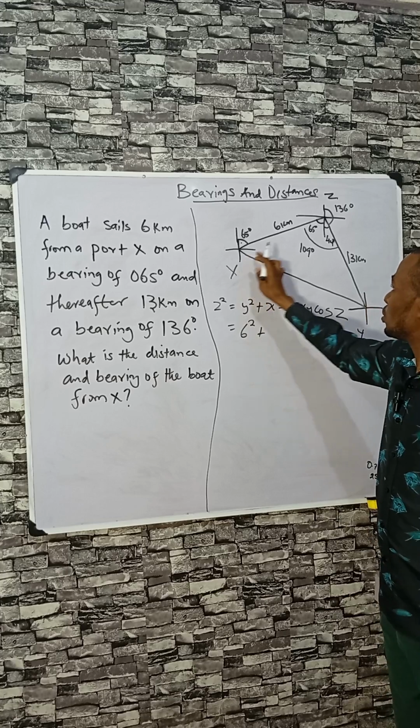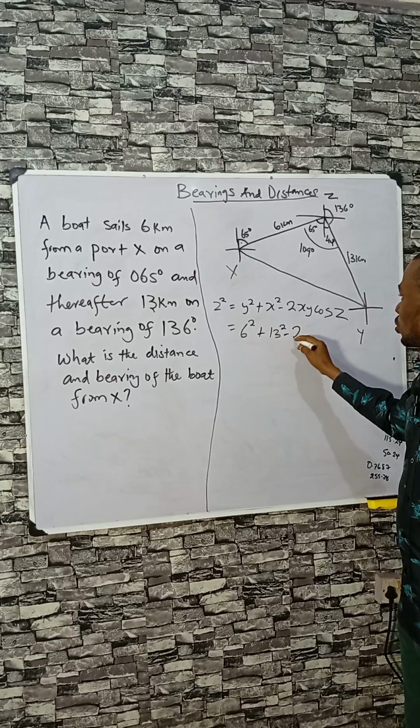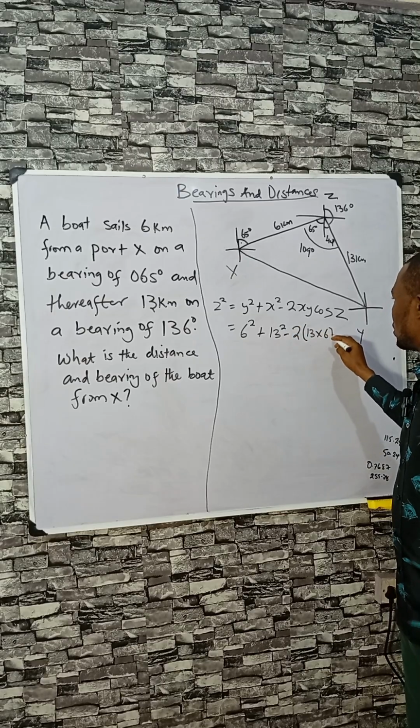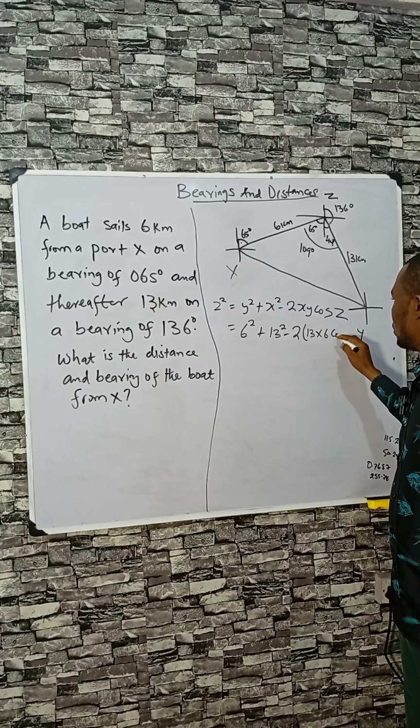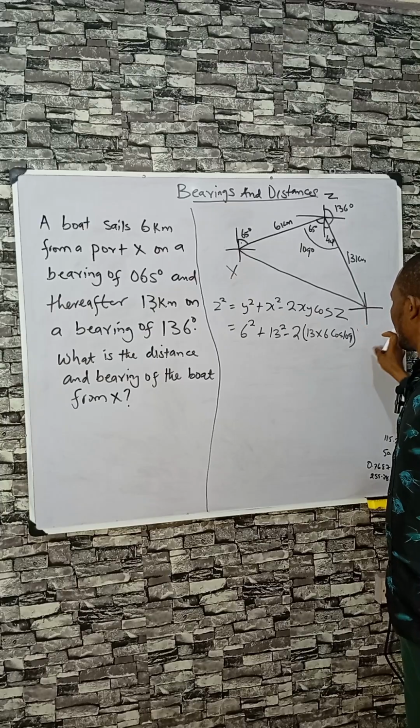X, opposite to this one, is 13 kilometers, minus 2 times 13 times 6, then cos 109 degrees.